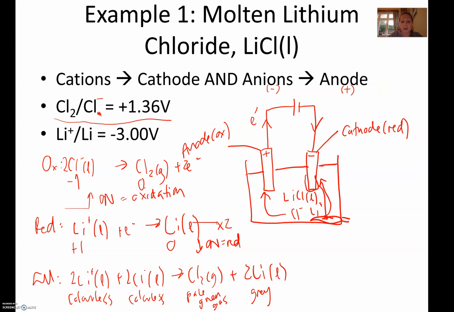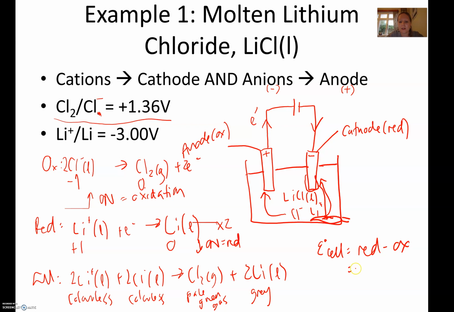The only final thing that we can do is we can prove that this reaction is non-spontaneous by working out a cell potential where we use reduction minus oxidation. So what's getting reduced here today is the lithium.